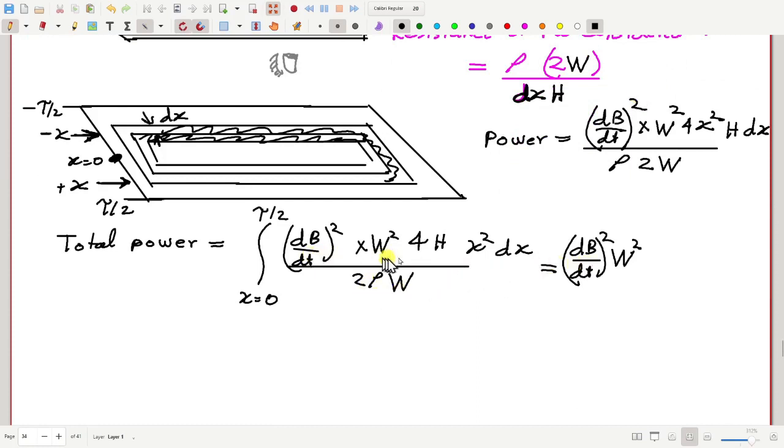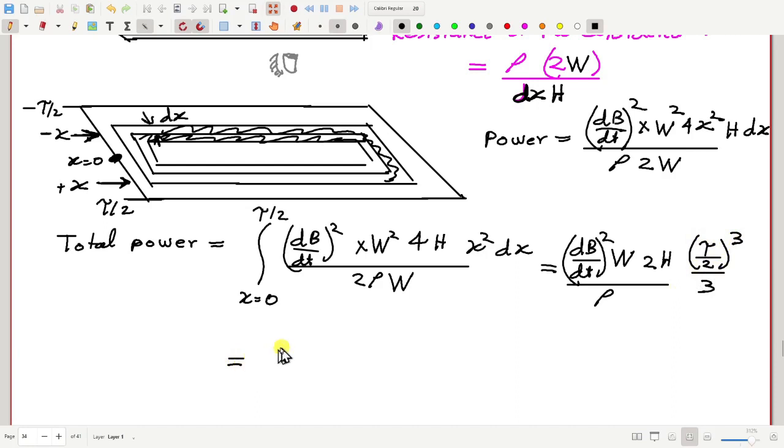So dB/dt square, w square, 4 into h, divided by 2 rho w. So this w and this w square I can make it w, and x square, when you integrate, will become x cube by 3, and now you put the limits tau by 2, so this will become tau by 2 cube.